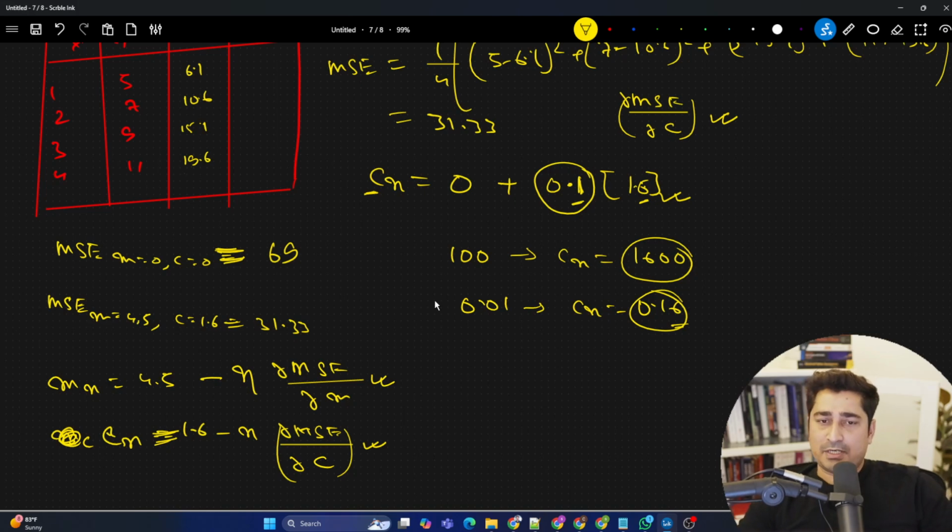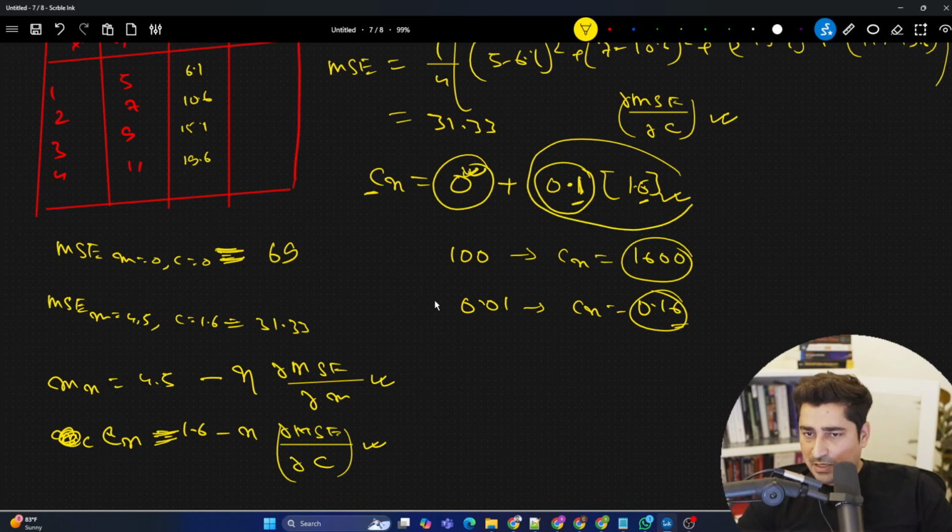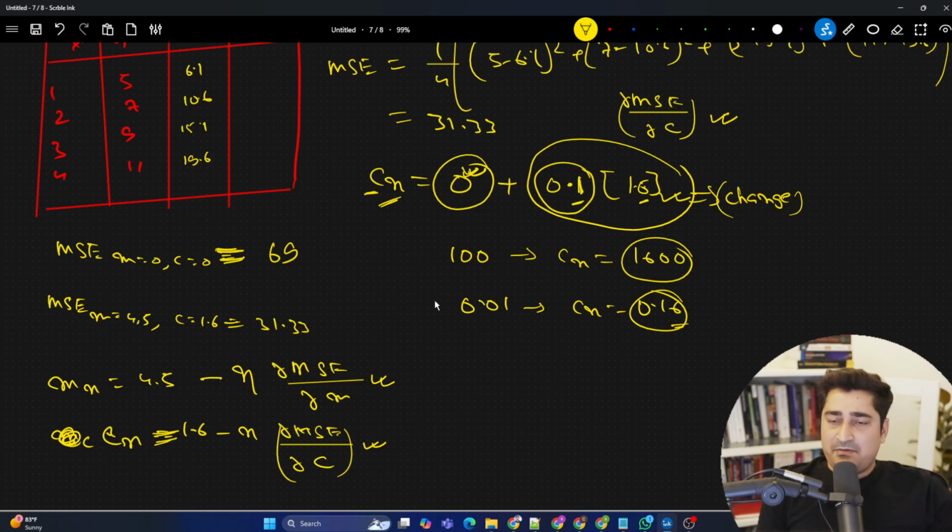This portion will be constant because it is coming from the previous values, and this place is what gives you the changes in the entire values. So learning rate is a parameter by which you can control how much change happens. If it's too much, let's suppose your learning rate is very, very high.